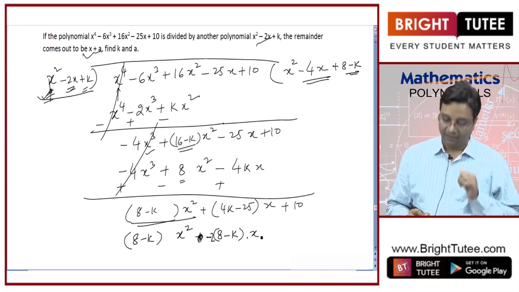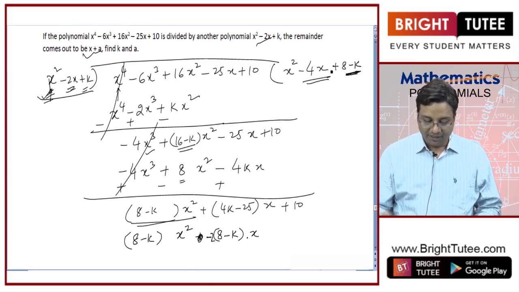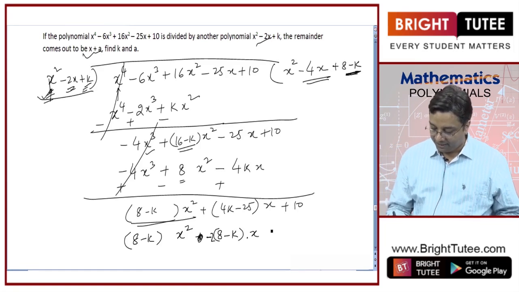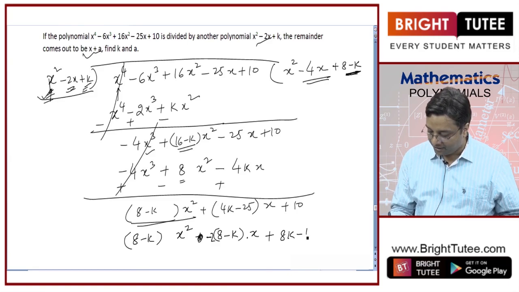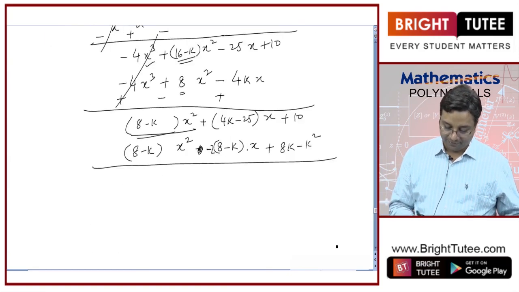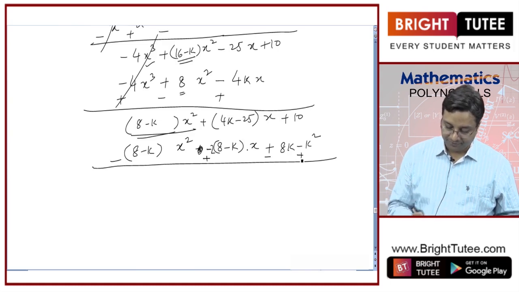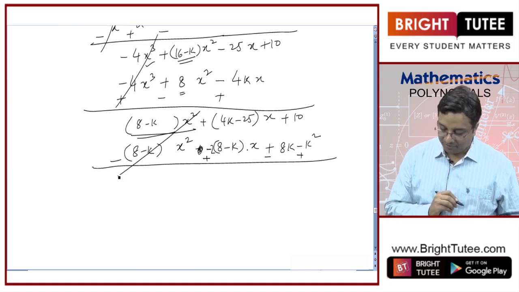So it will be 2 into 8 minus k x. Now 8 minus k when multiplied by k will give me 8 minus k into k, 8k minus k square. Now we will subtract as usual. We will change the sign here, here and here. So this term gets cancelled completely.